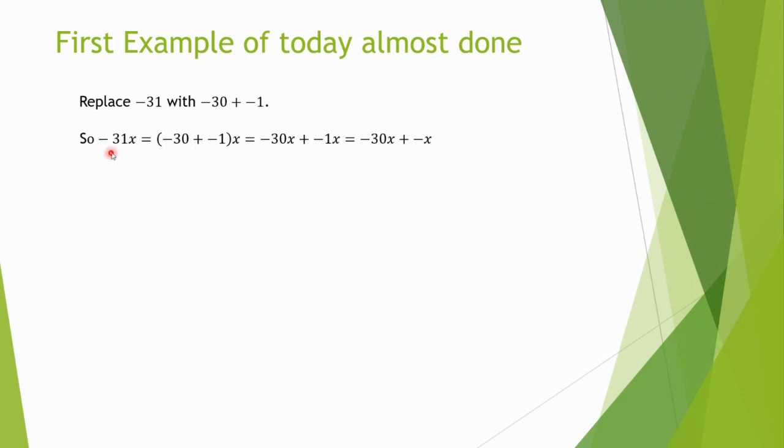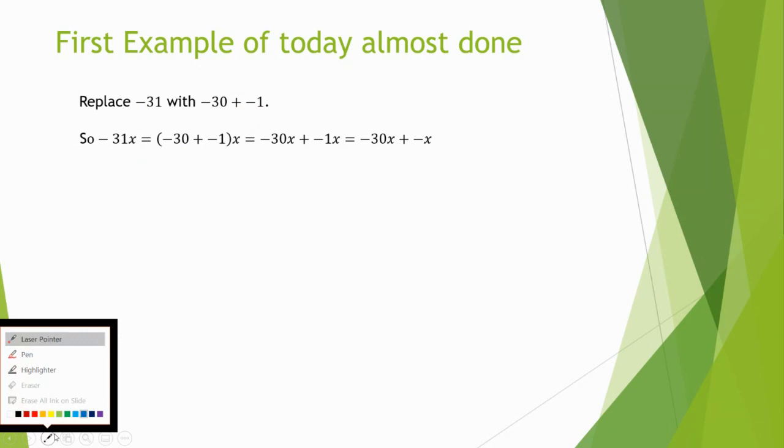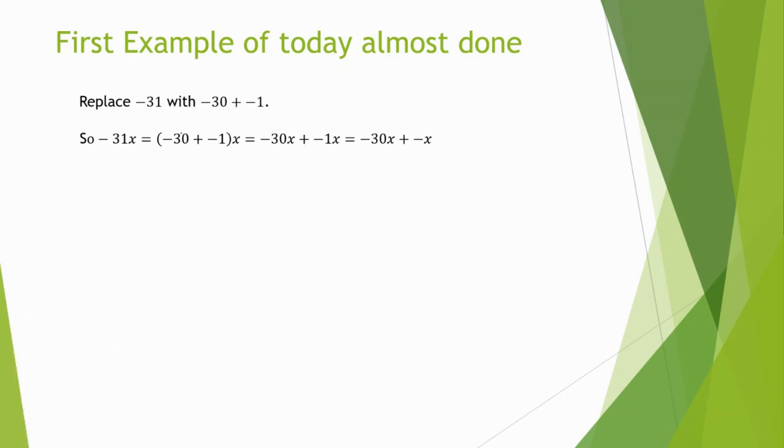Right, so again, what am I doing here? Negative 31, I'm replacing it with negative 30 plus negative 1. Okay, and there's an x here, so I'm keeping the x over here. And now from here to here, I distribute.